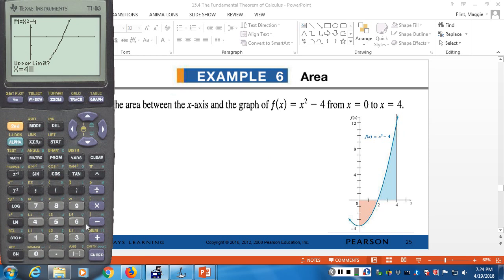I may have to adjust the graph for you to be able to see all of it. Yeah, I will. I need to raise it up. Let's see, it goes up to about, let's say, 15.